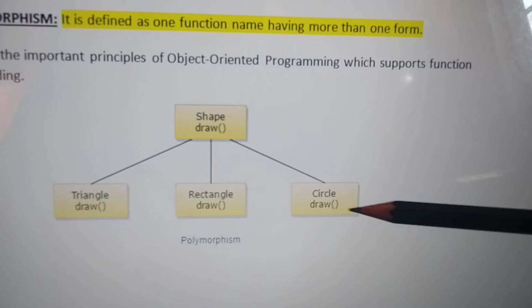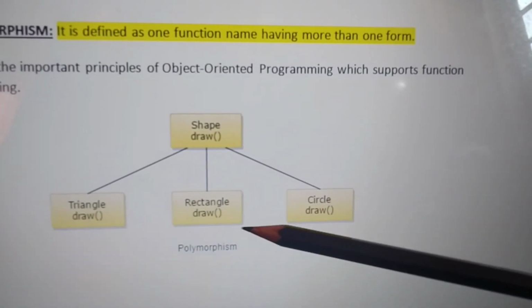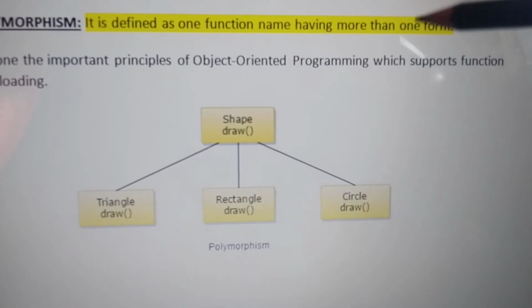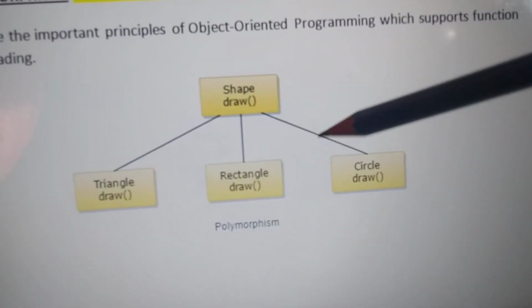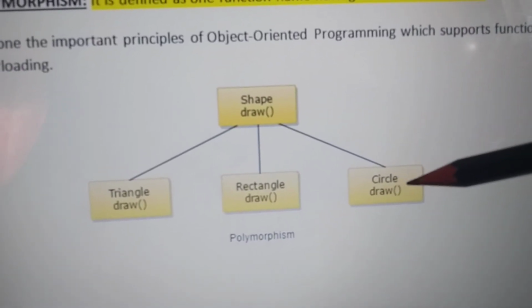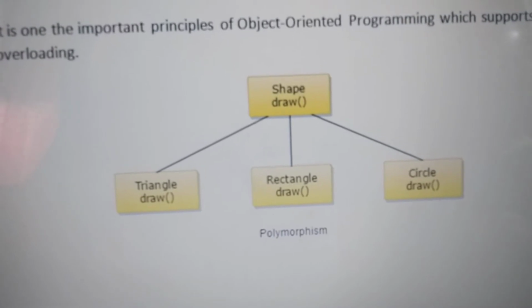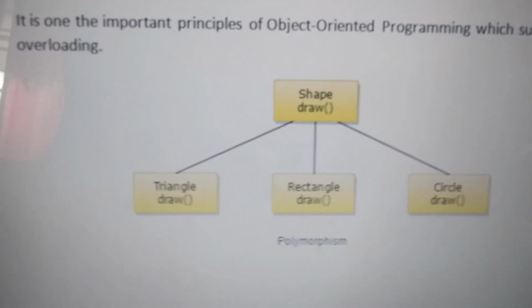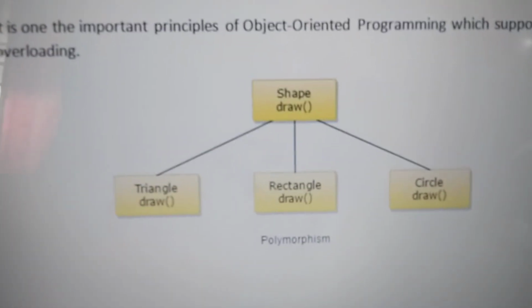In all the three classes we have the same function name, but there are more forms. This is a triangular form, this is a rectangular form, and this is a circle. So polymorphism says that one function having more than one form is known as polymorphism.